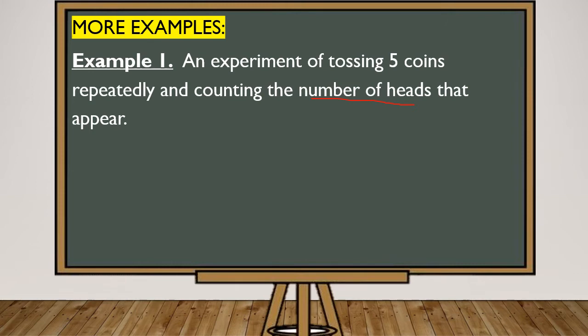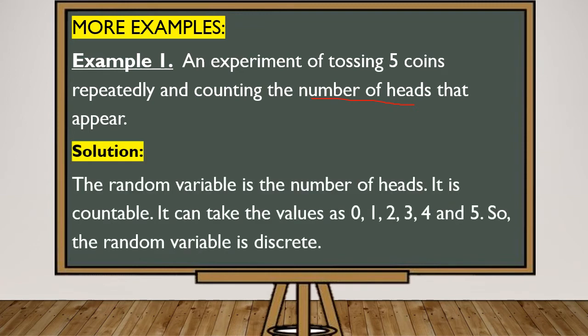Is this discrete or continuous? Of course, this is discrete because it is countable. You can count the number of heads. So the possible values are 0, 1, 2, 3, 4, and 5 because we only have 5 coins. So the random variable is discrete.